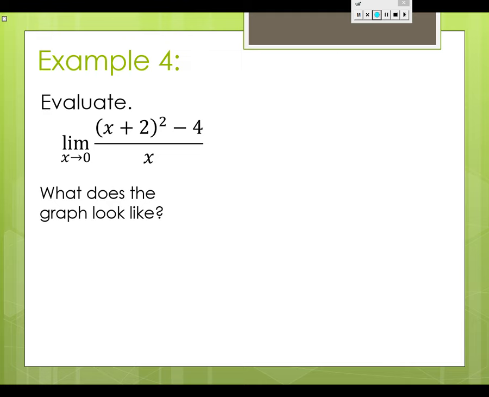Let's just take a little look at the algebra on this. Can you convince yourself that this is the graph we have? Do some algebra, please. On the numerator, what do we get?